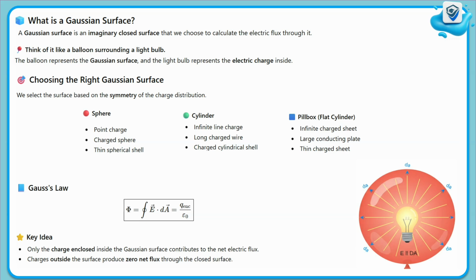Charges outside the surface may create electric fields, but their total contribution to the net flux is zero. Now that we understand the Gaussian surface and Gauss's law, we're ready to start solving exam-style problems.